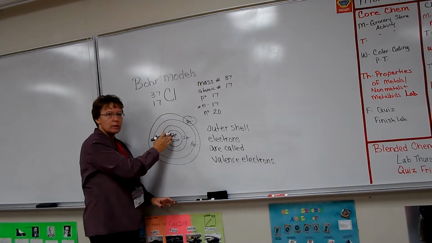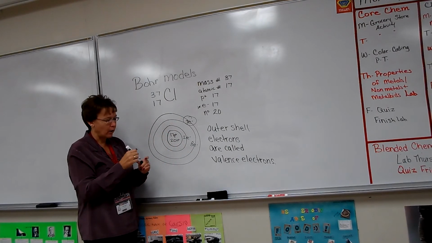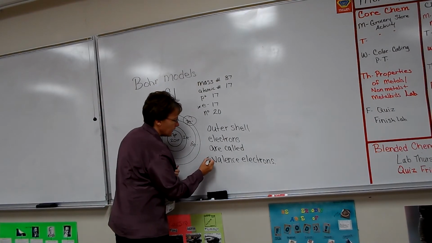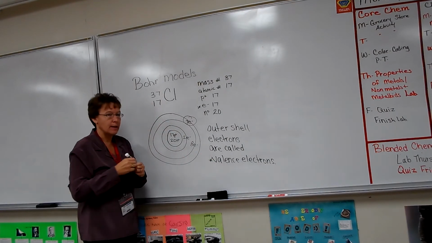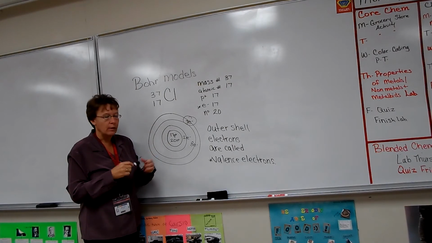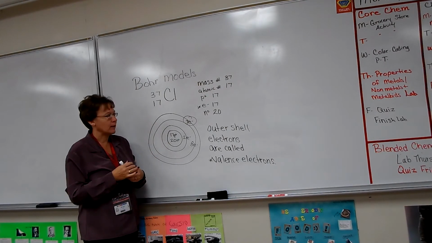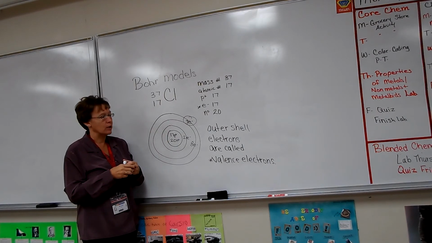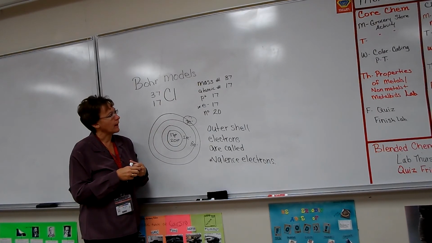They're the outermost electrons, and they're the electrons that are going to do all of our reacting and bonding. So the valence shell electrons are electrons that you're going to remember. They're electrons that we're going to ask you, how many valence electrons in chlorine? How many valence electrons? And there's some tricks to figuring that out.